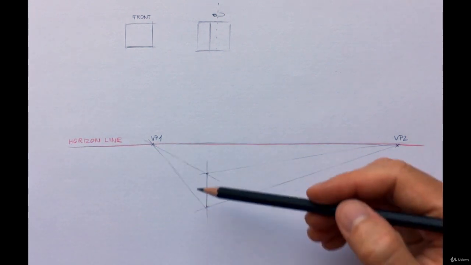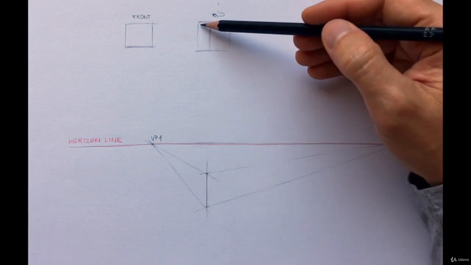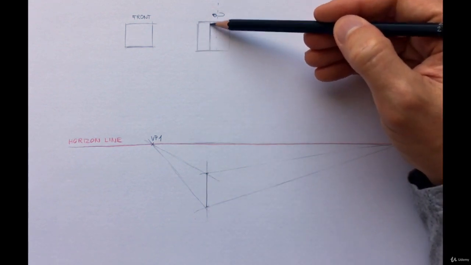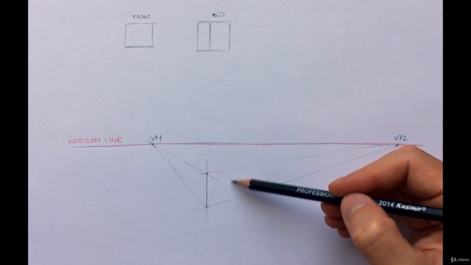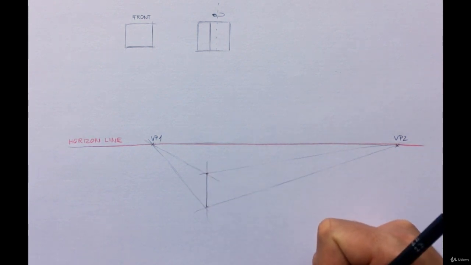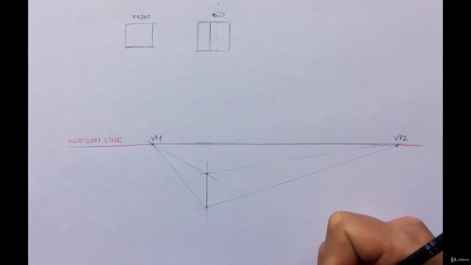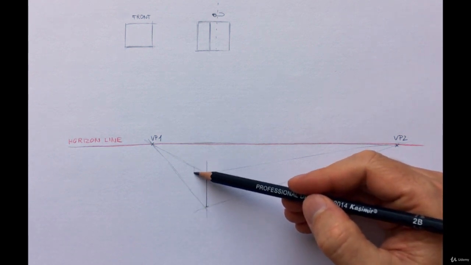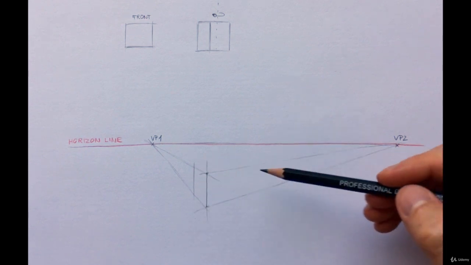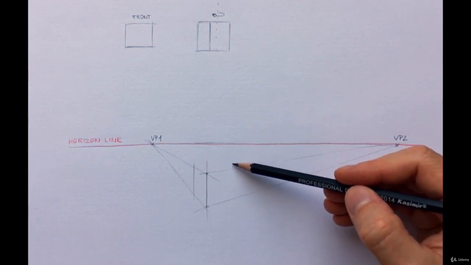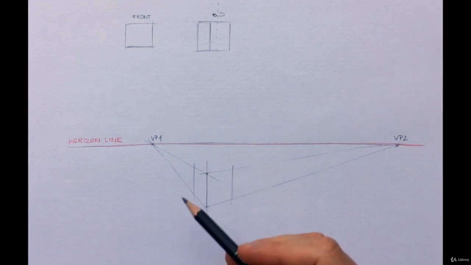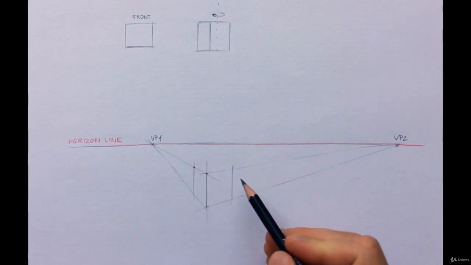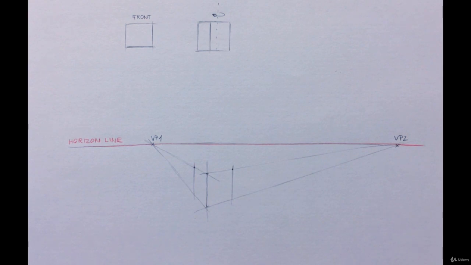Another rule of 2-point perspective is that every vertical line is parallel to each other. So I can draw the other two vertical edges on the sides parallel to the existing vertical edge. I put them somewhere here to get the feeling of a cube. Now I have these corners, so I can draw new guidelines from here as well.